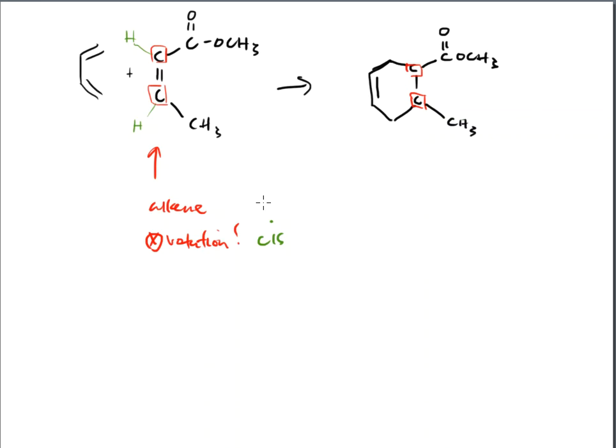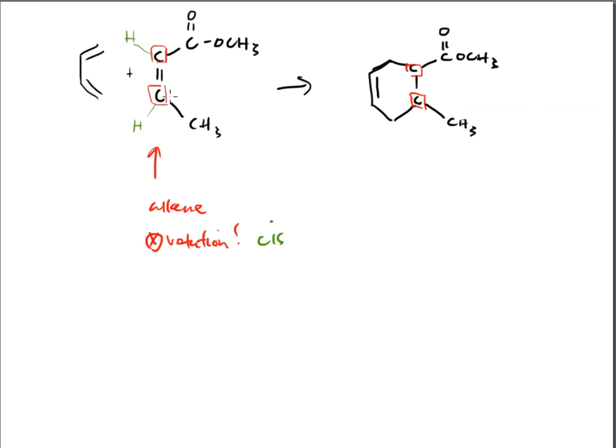So when these two molecules come together, when they form the ring in the Diels-Alder reaction, it keeps the stereochemistry. So if we have to be particular, sometimes we don't. Sometimes we just don't care. We just draw the product and we go on to the next problem. But sometimes they want those details from you.